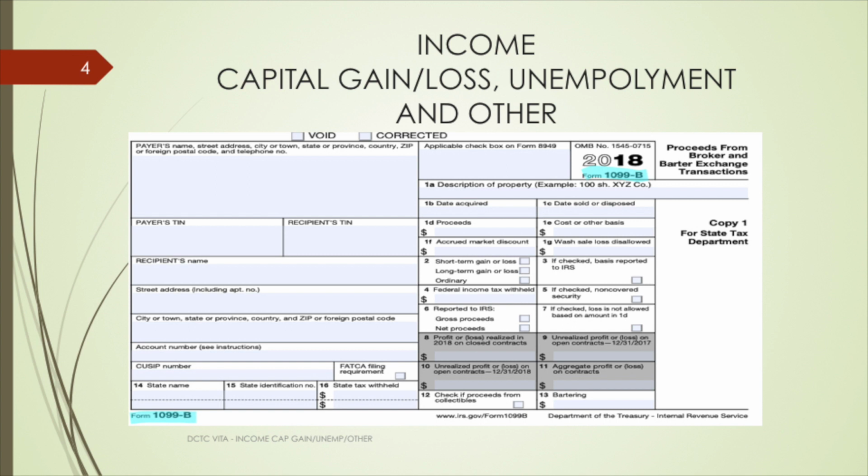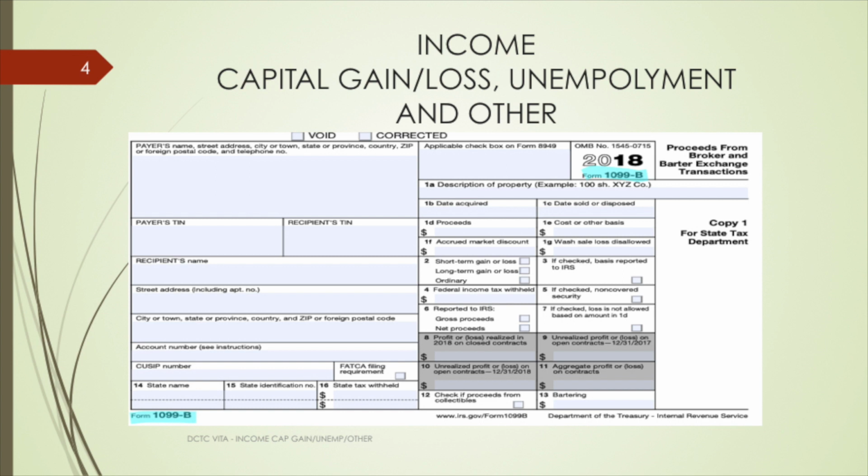You will notice box 1A, description of the property. In the example, it says 100 shares of XYZ company. Box 1B shows the date the taxpayer acquired the asset, and 1C shows the date the asset was sold. Box 1E shows the taxpayer's cost of the asset.